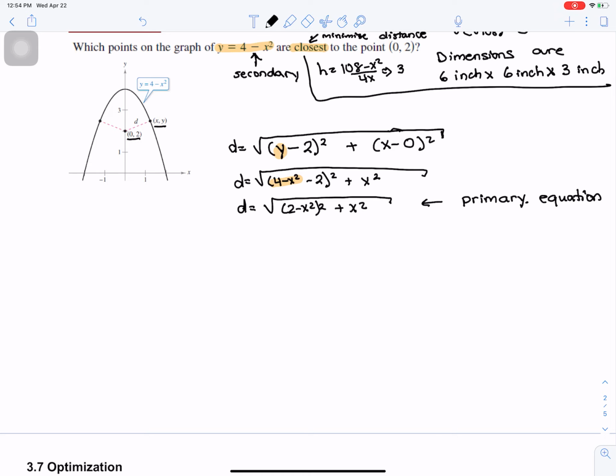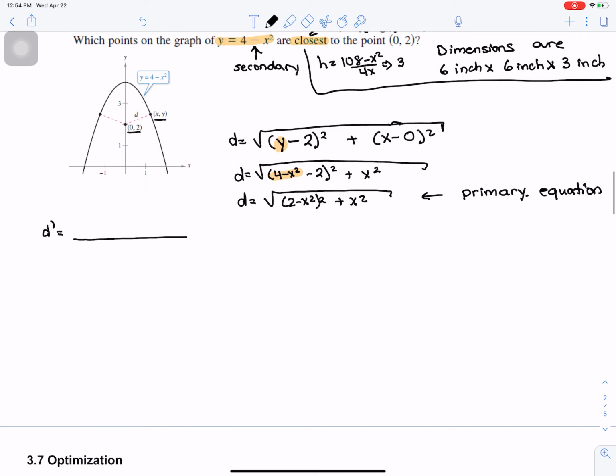So to find the answer, we need to take the derivative and find critical points because those are the points that will be potential local maxes and mins. So this is going to be chain rule. We have something to the power of 1/2. We're going to do 1/2 something to the power of negative 1/2. So this is going to be the square rooted term on the denominator.